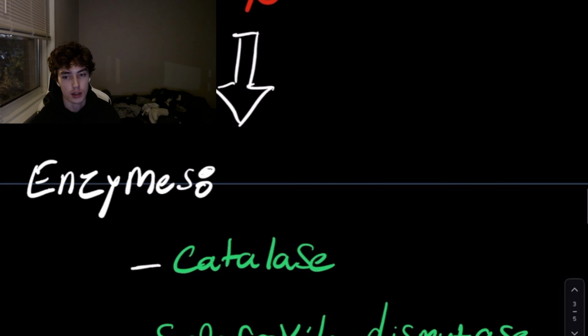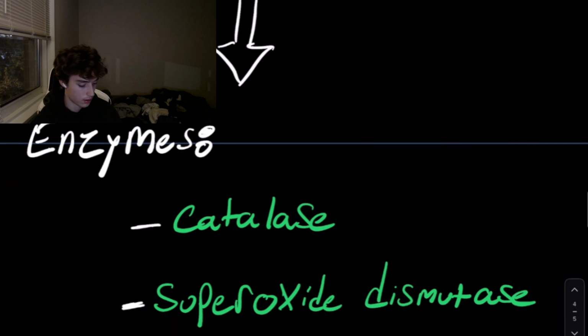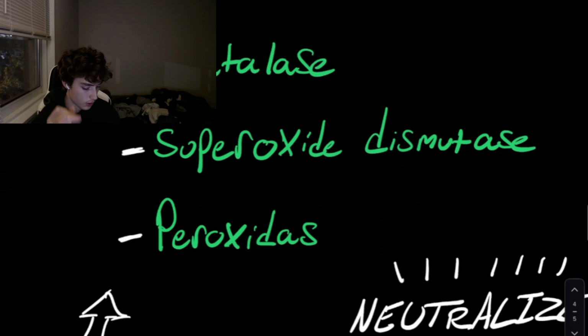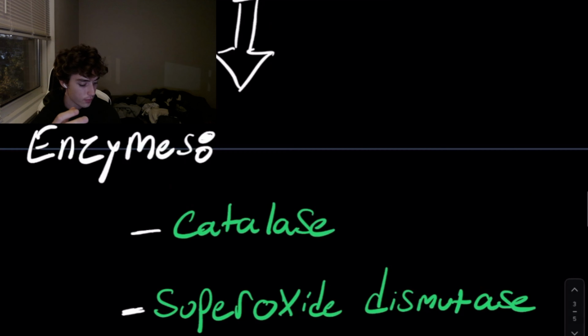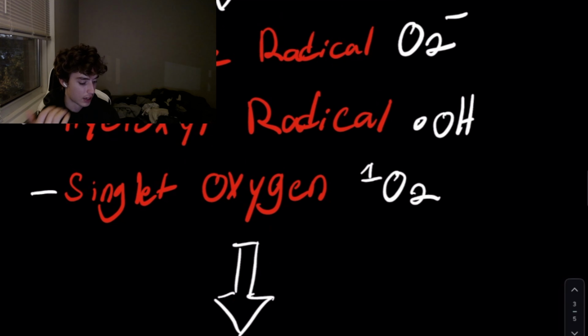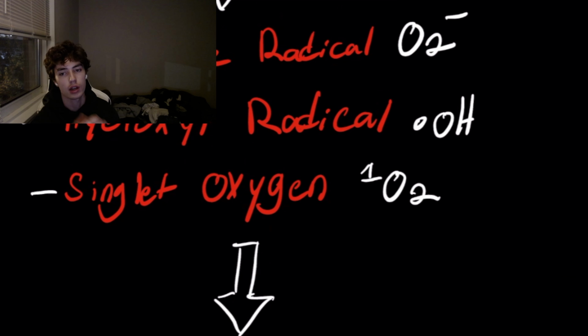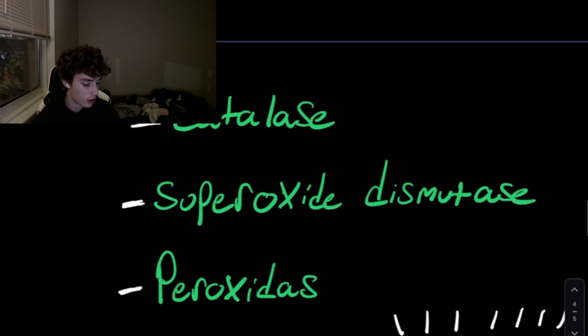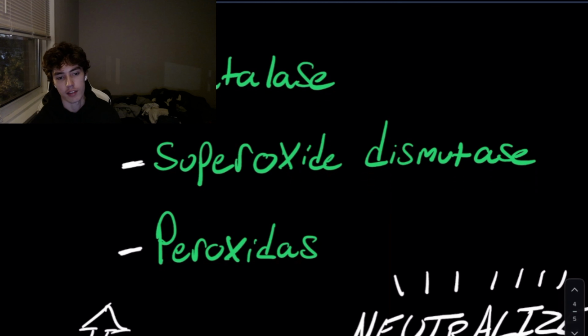Now, what is actually going to counteract that? Catalase, superoxide dismutase, and peroxidase. These enzymes are going to fight against and counteract these free radicals, and it's going to allow the bacteria to survive. Obligate aerobes have these enzymes.